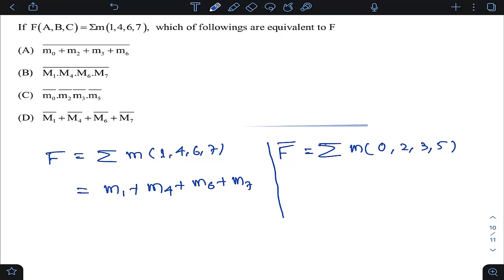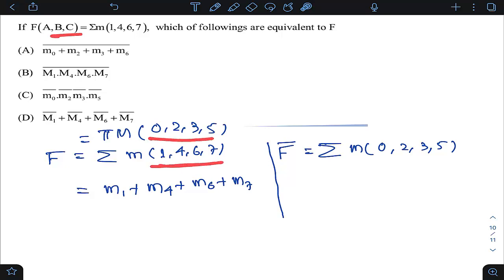One simple logic, students: how does f have these minterms and f bar have these terms? See, f having minterms 1, 4, 6, 7 means it has the maxterm combination 0, 2, 3, 5. I told you already, if you know the minterm indices, the missing terms will be maxterms.